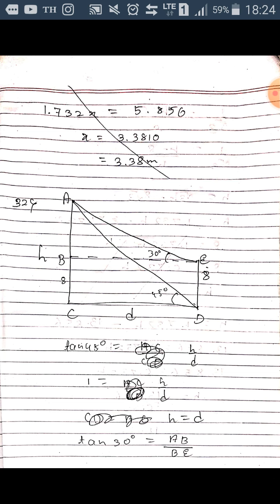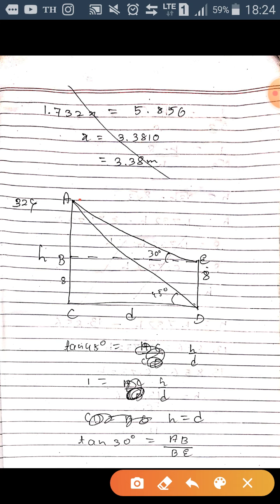Now let's pick up the first triangle. We will take this height to be h, and the distance between them to be d.